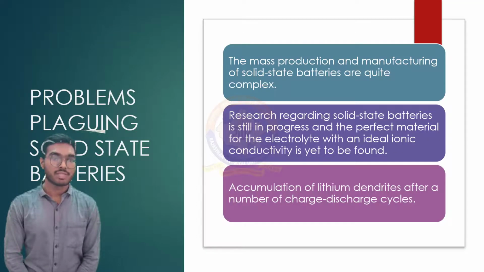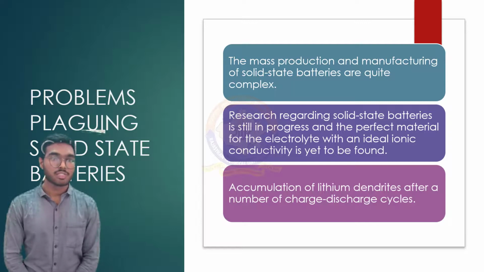Despite so many advantages, there are some problems plaguing solid-state batteries. The mass production and manufacturing of solid-state batteries are quite complex. Research is still in progress, and the perfect electrolyte material with ideal ionic conductivity is yet to be found.